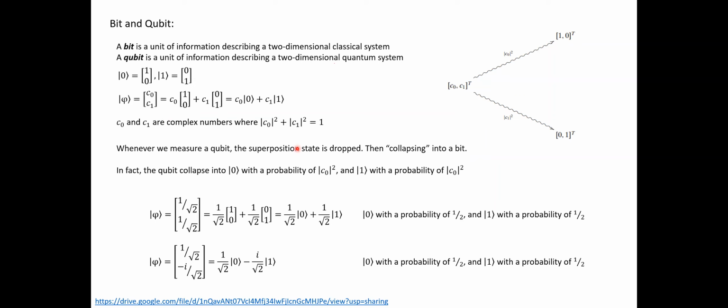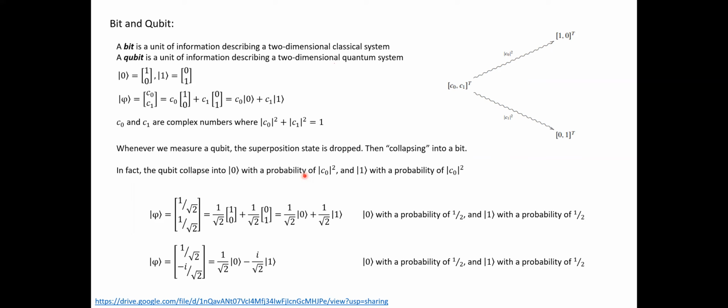So why is it different than classical computing? The thing is, we can make computation taking advantage of the superposition, but at the end we measure it, and we will see why the phase of those complex numbers is very important.